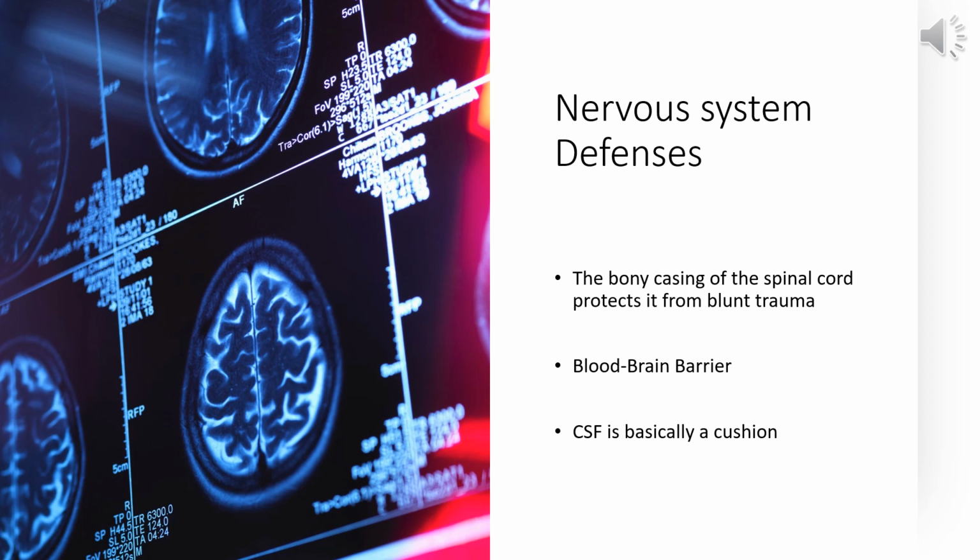The blood-brain barrier, which I will get into in the next slide, is the only one that's not enclosed by bone. And then the CSF is pretty much like a cushion. It helps protect from blunt trauma as well by taking away some of the force.